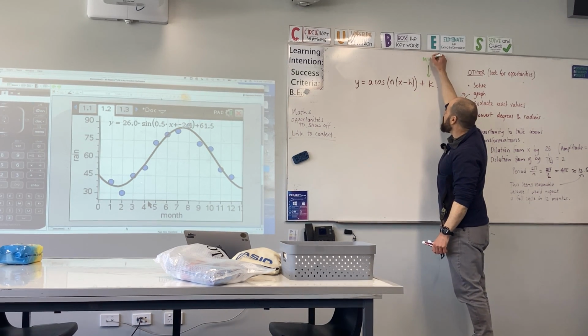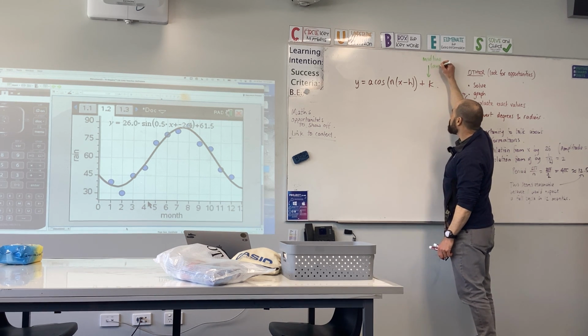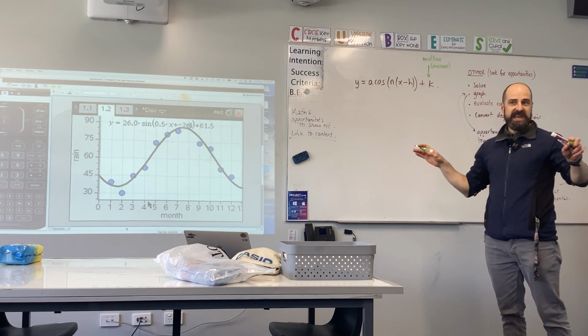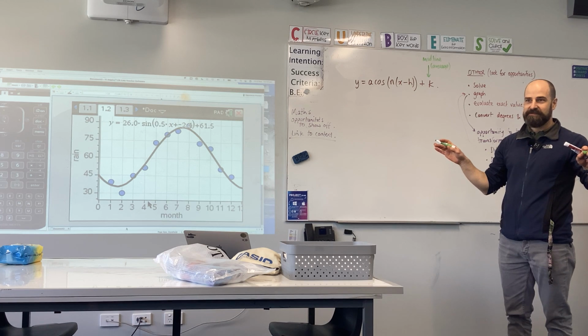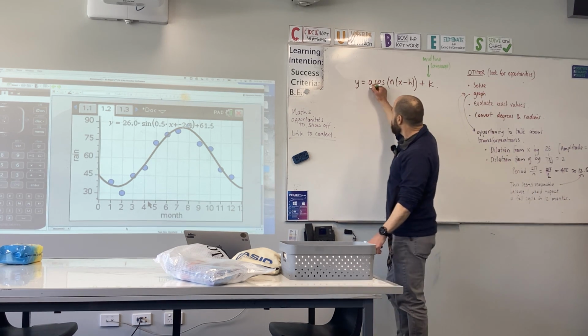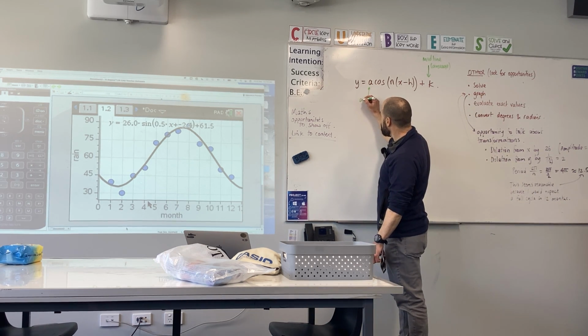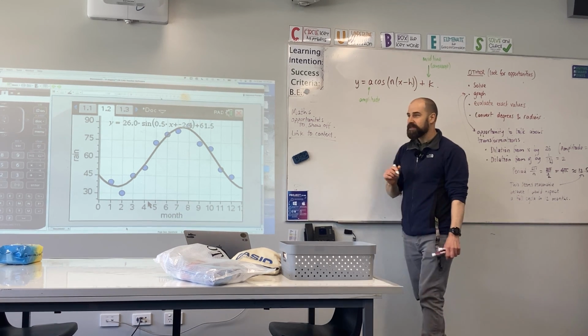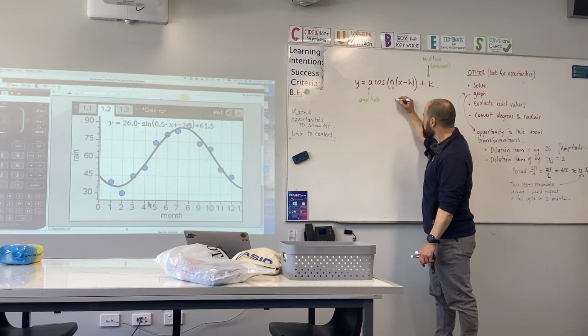Didn't we say the amount it goes up is the midline, or the average? So it's not going to be 100% accurate. We're never going to hit every point when doing it by hand. This one changes the amplitude, doesn't it? This one changes the period.